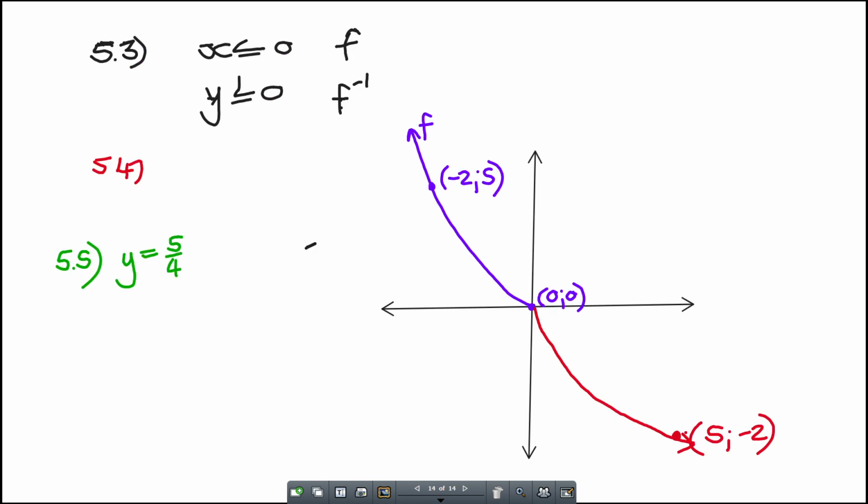Okay, now they're saying if this is reflected in the y-axis, it means the y will stay the same, but the x value will change. Nee, wat gaan hy dan raak? Y is equal to? Daar's sy. Minus 5 op 4 x kwadraat. Do you guys agree?